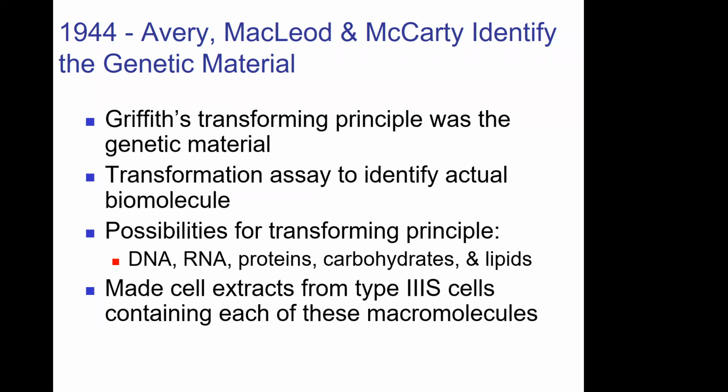Avery was a biochemist, and one of the classic ways to approach problems as a biochemist is through reductionism. Take it apart to its basic parts and then reconstruct the parts to get the whole working thing, right?